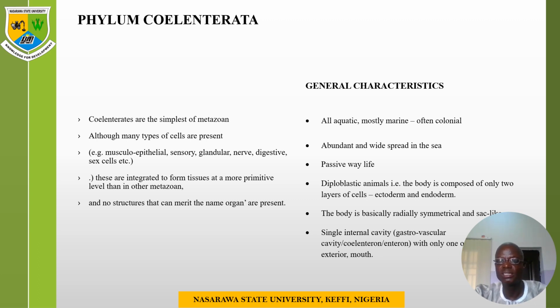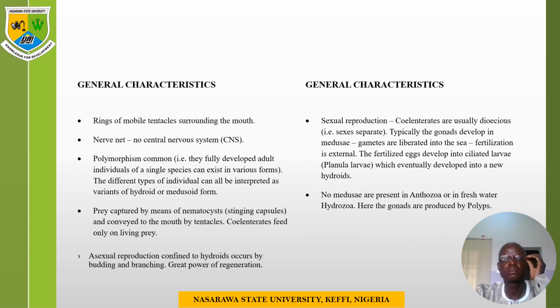They have a single internal cavity, that is the gastrovascular cavity. You can also call it coelenteron or enteron, with one opening to the exterior, that is the mouth. They have rings of mobile tentacles surrounding the mouth.